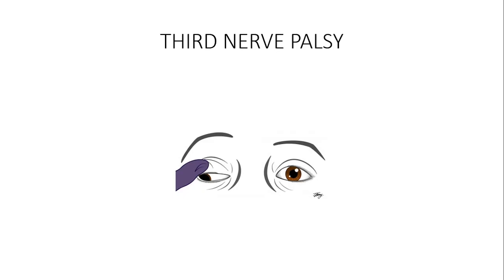So I repeat, the vascular causes: diabetes, hypertension, hypercholesterolemia, and a third major etiology, which is unknown. The cause is just unknown. Why is it that these vascular causes don't cause dilatation of the pupil? The answer is simple.